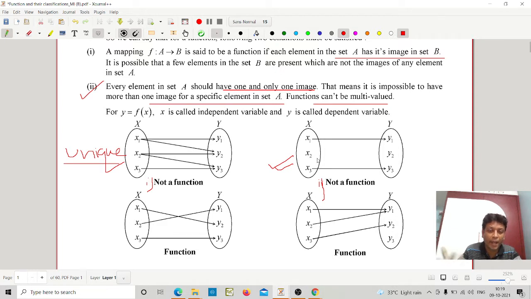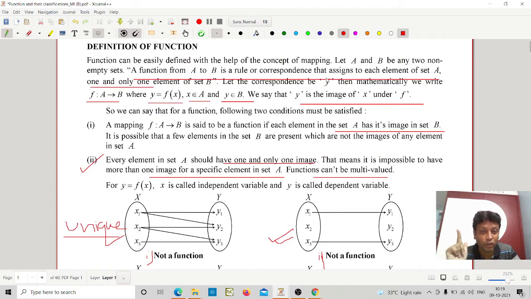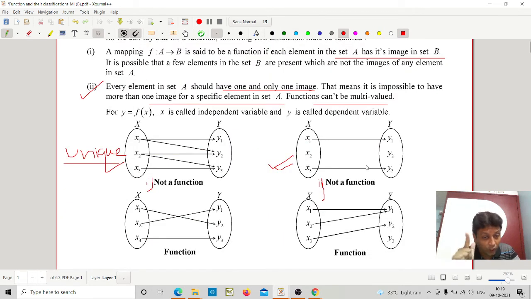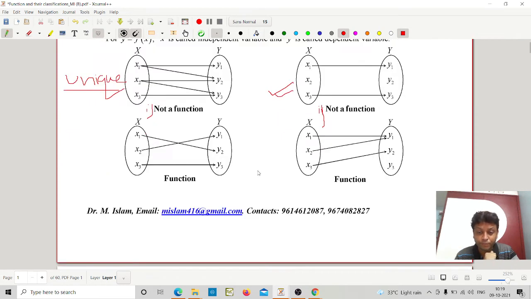No element can be empty. x2 must be related to some element in y. In the definition of function, for each element, this word is violated. So the second one is not a function. These are the two important things in function.